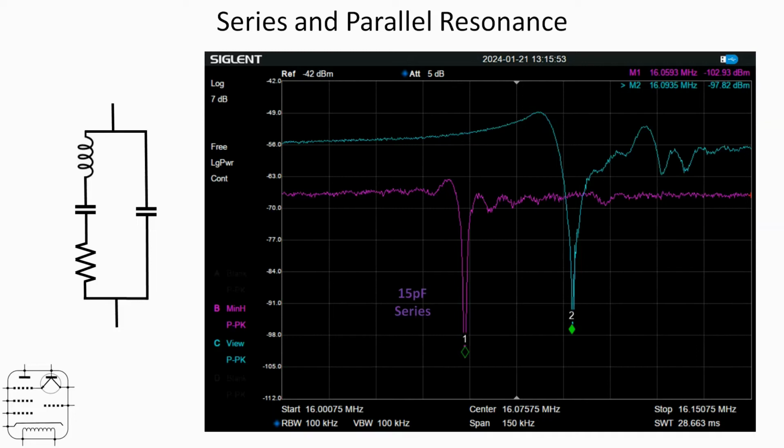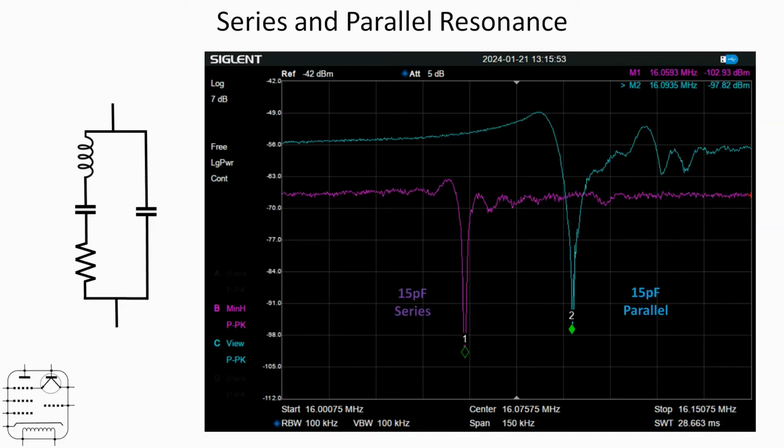If I then take exactly the same capacitor and crystal and put them in parallel, so I've changed nothing except instead of wiring them in series, they're now in parallel, we get the blue trace. Now you can see there is a difference between the two markers.